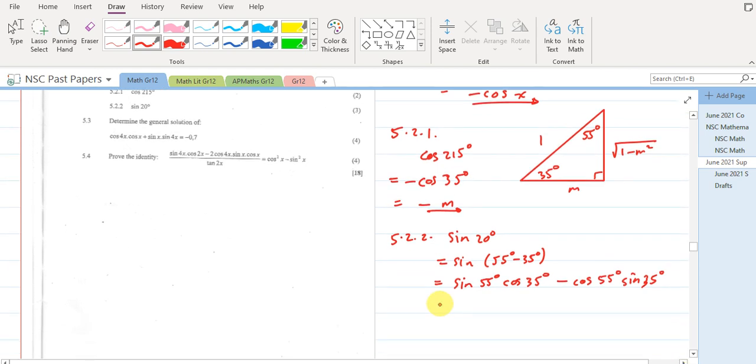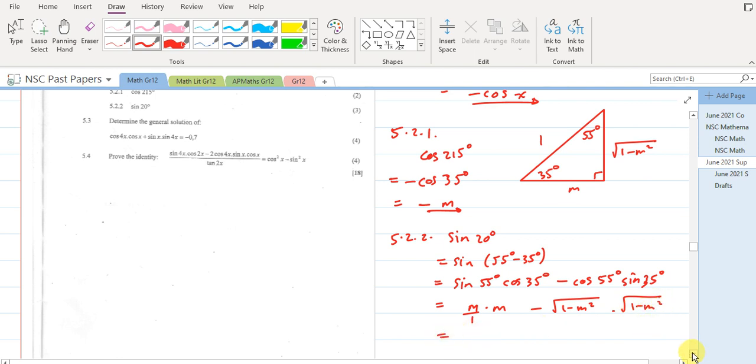Now if we solve this, what is sine of 55? Sine of 55 is opposite over hypotenuse, which is m over 1. Cos of 35 is adjacent over hypotenuse, which is also m. Minus cos of 55, which is adjacent over hypotenuse, the square root of 1 minus m squared, and sine of 35 is opposite over hypotenuse, the square root of 1 minus m squared.